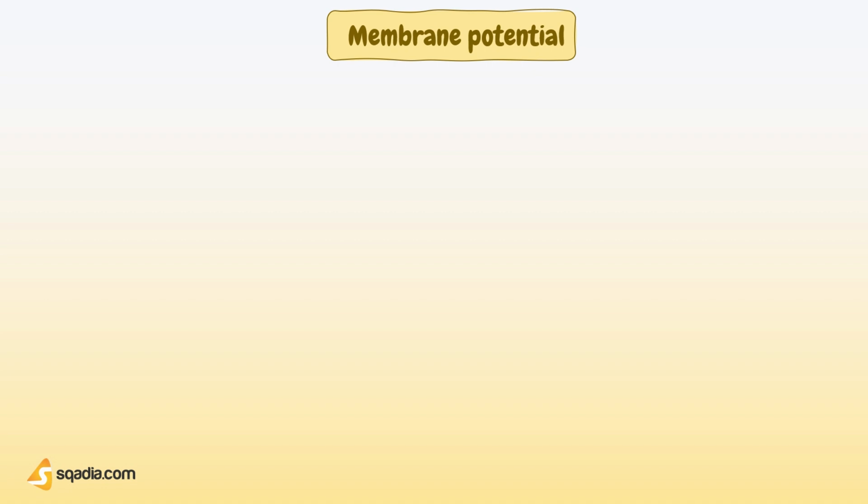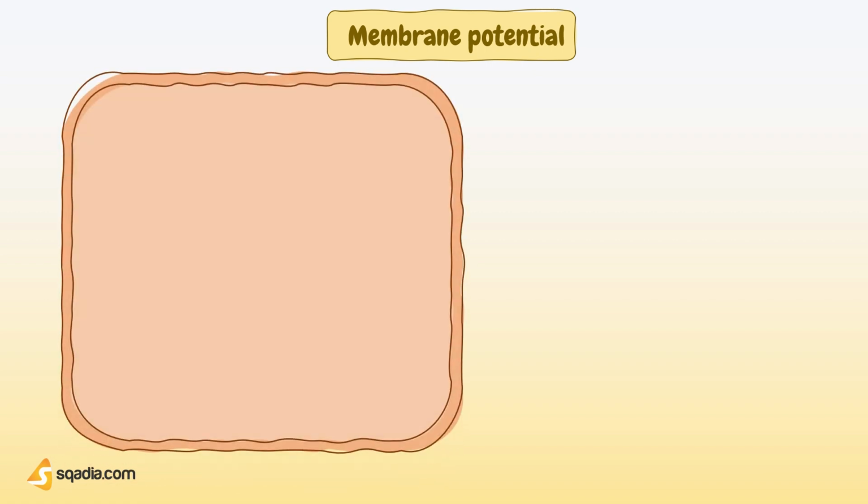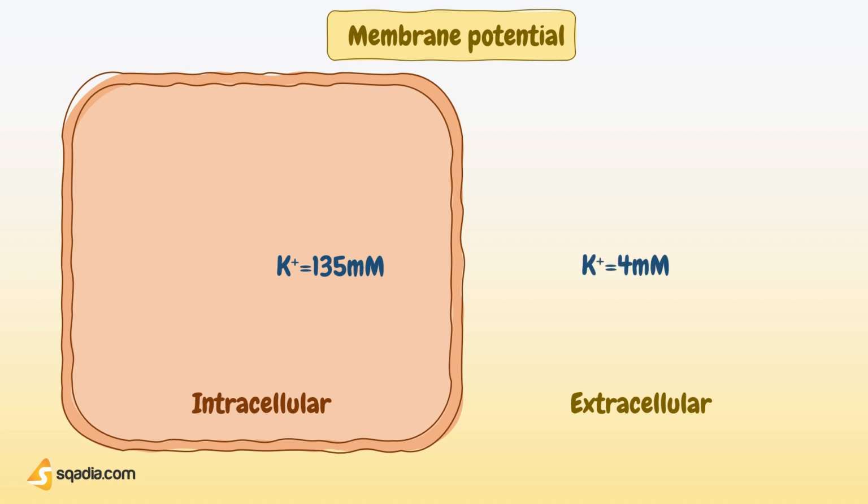Let us try to understand this concept through the diagram that is showing the intracellular and extracellular spaces. The normal concentration of potassium intracellularly is 135 millimole, and extracellularly it is approximately 4 millimole, while the normal concentration of sodium intracellularly is 10 millimole per liter, while extracellularly it is 145 millimole per liter.